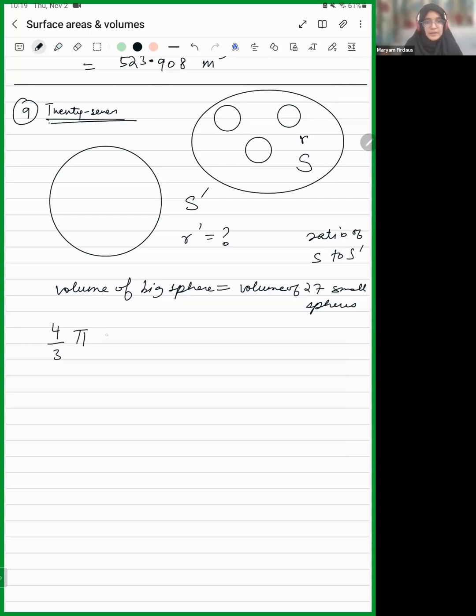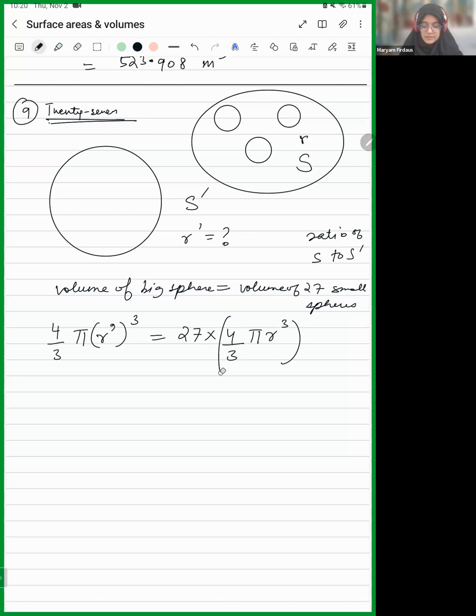Abdul Jabbar, did you understand this? Yes, ma'am. So the radius of the big sphere is r dash. Okay, so this volume is equal to the volume of 27 small spheres. So 27 multiplied by 4 by 3 pi r cube, the small sphere's radius r cube.